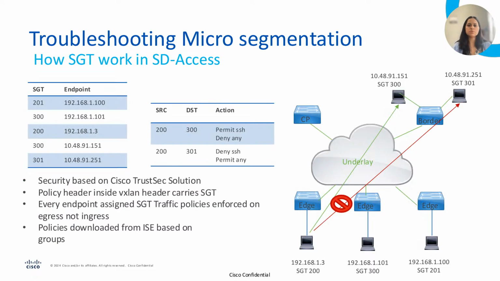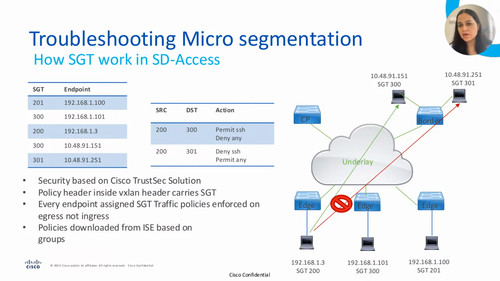So let's move on to troubleshooting micro segmentation. Before that, let's see how SGT works in SDA Access. In SDA, the security policies are based on the Cisco TrustSec solution, which assigns security group tags to enforce policies for users, for applications, and for devices as well.